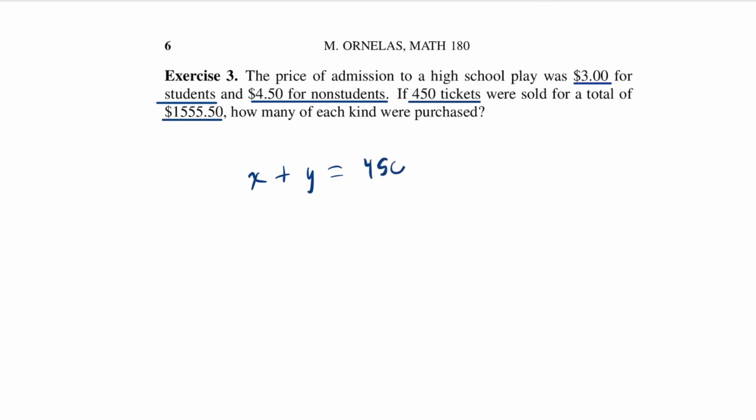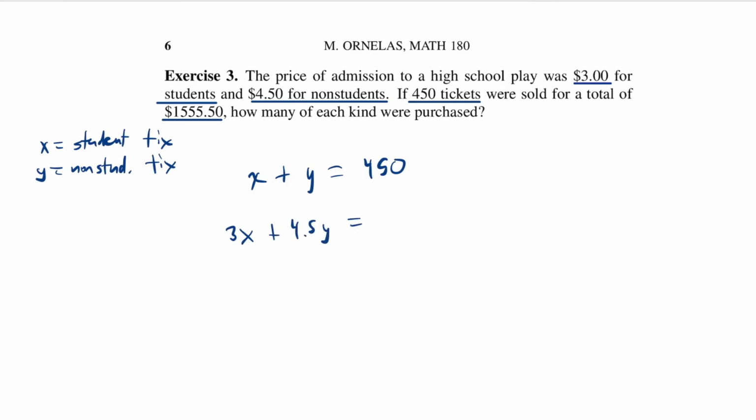So I'm going to define x as student tickets, y as non-student tickets. And then the price of the student ticket is $3, so 3 times x plus 4.5 times y has to equal the total amount of money that was brought in, which was $1,555.50.